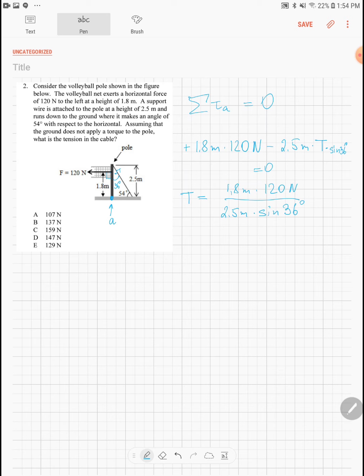Using my calculator, I obtained 147 newtons.